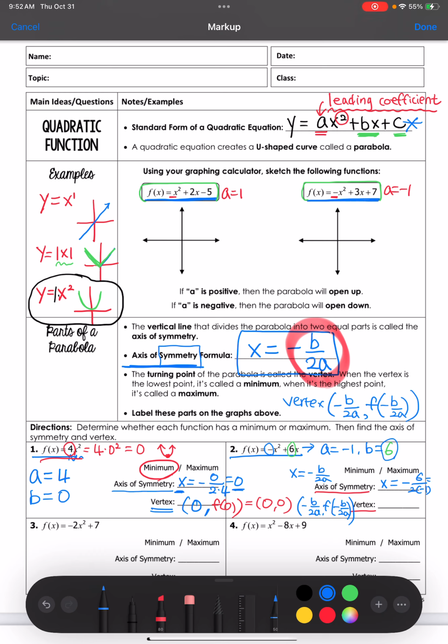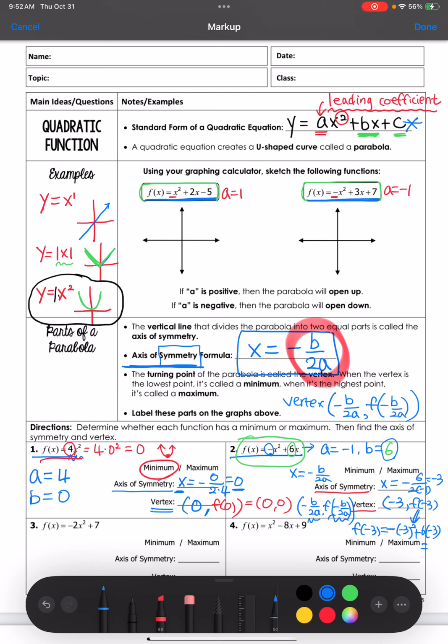So this is negative 3. And once I find the x value of the vertex, minus 3, I need to do f of minus 3. So in my f of x equation, I'm going to calculate f of negative 3, which equals negative negative 3 squared plus 6 times negative 3.